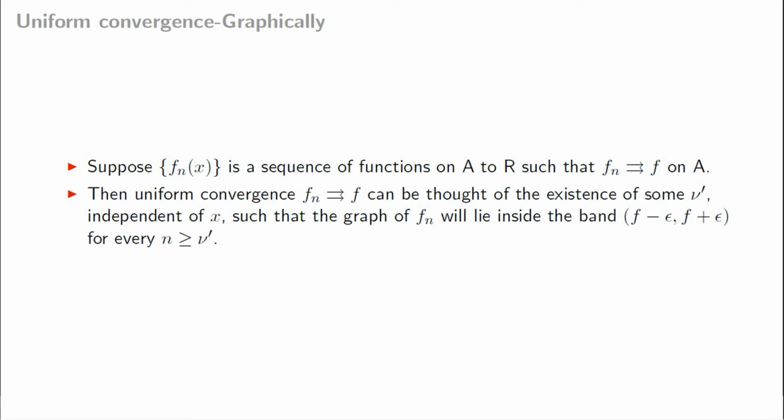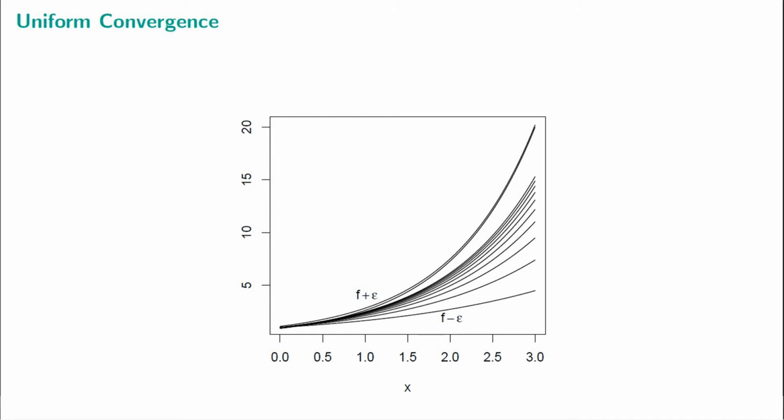Actually, the existence of such a band can be seen from the definition of uniform convergence. The bands can be seen from the graph: there is the curve of f plus epsilon, and there is the curve of f minus epsilon, and as we increase n, all the curves are enclosed within this band.